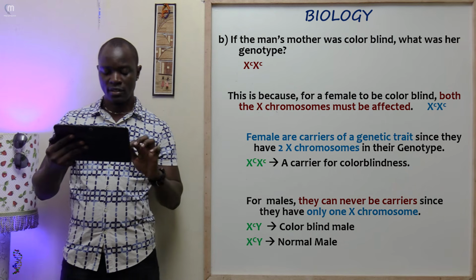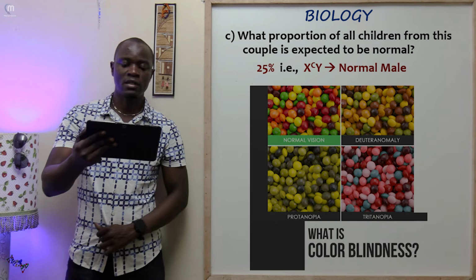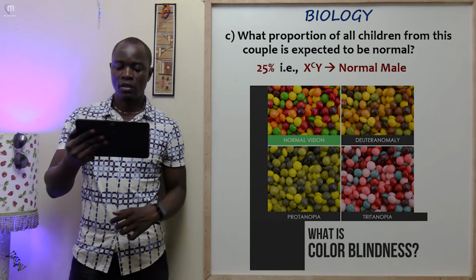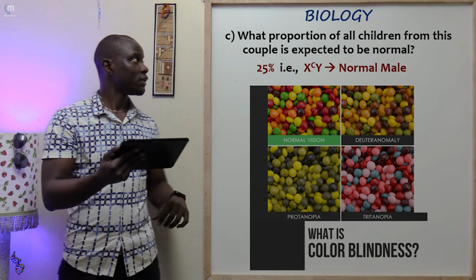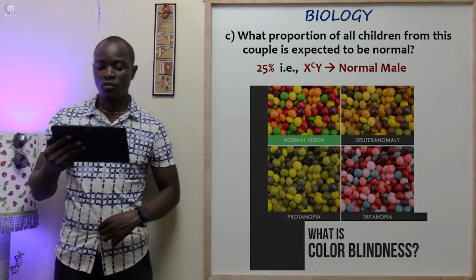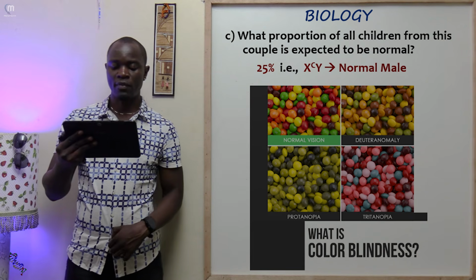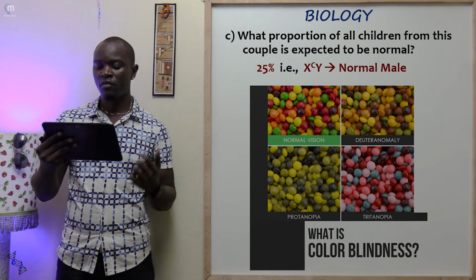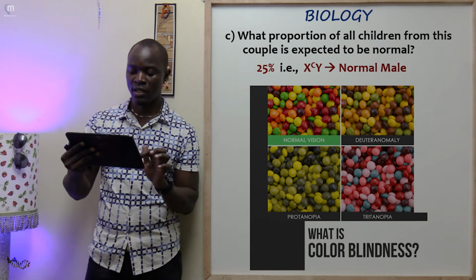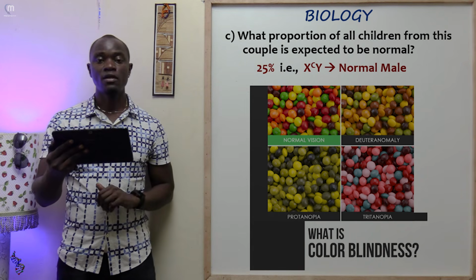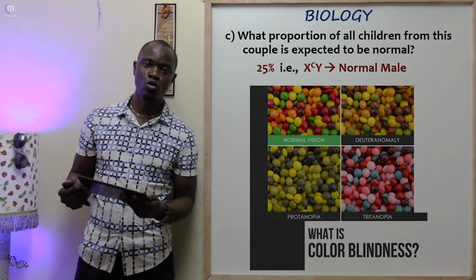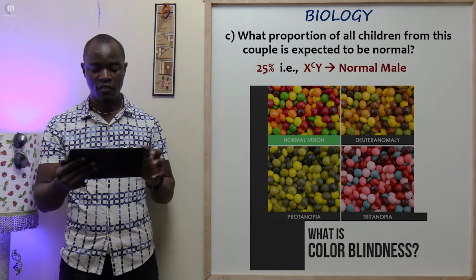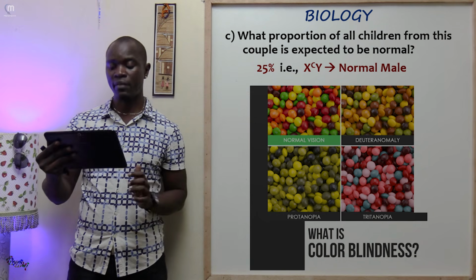The next question is asking, what proportion of all children from this couple is expected to be normal? So the answer is only 25% of the children from this couple are expected to be normal.